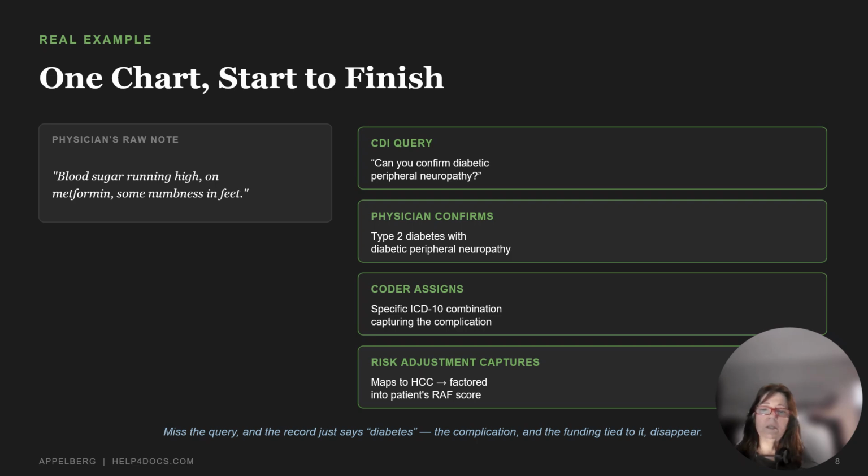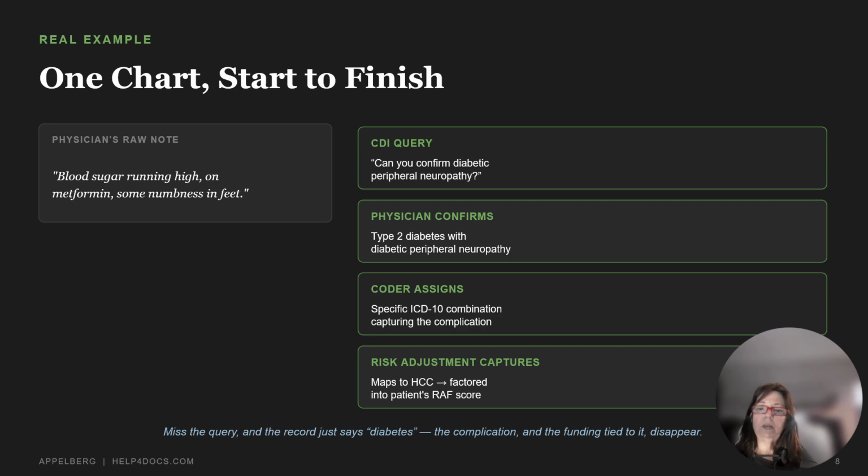And finally, because this patient is on a Medicare Advantage plan, that diabetes with complication code does map to a specific HCC category. That HCC gets factored into the patient's RAF score, risk adjustment factor score, for the year. And this affects the funding the health plan receives to manage this patient's more complex, more expensive care.